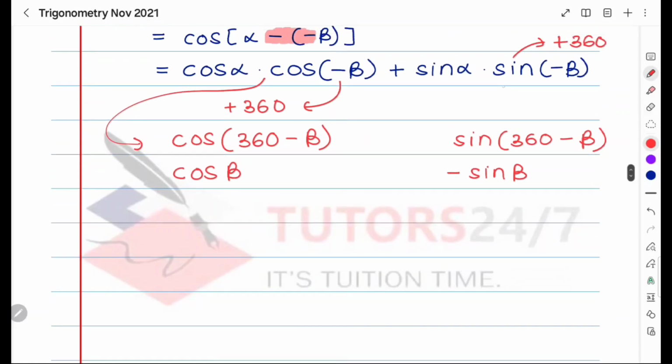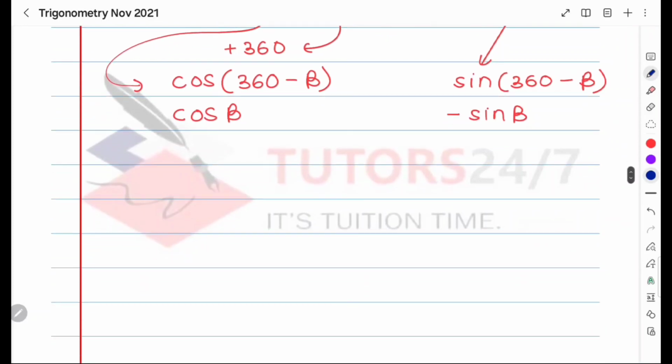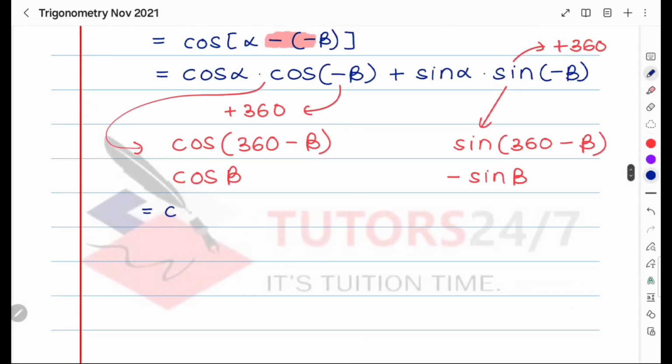Now, from here, let us just combine this quickly. So we bring down cos of alpha. Cos of negative beta was simplified into cos of beta. Then bring down the positive sign, bring down sine of alpha. Then we know that sine of negative beta was simplified into negative sine beta.